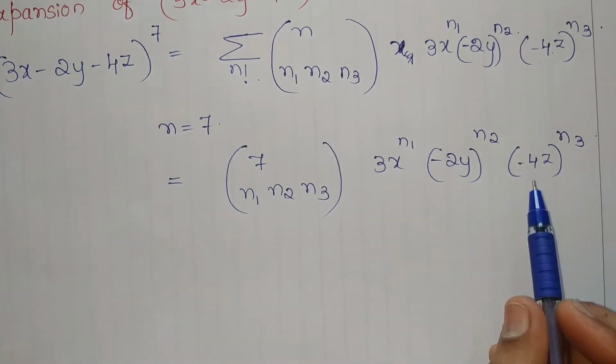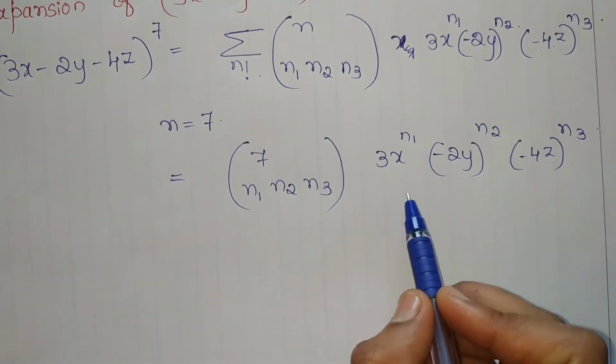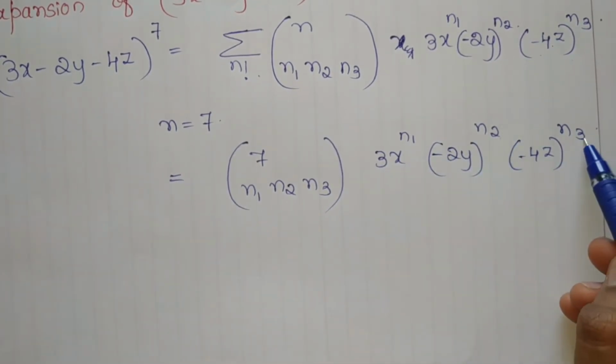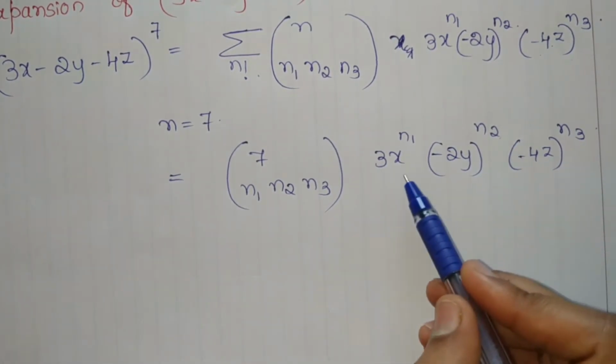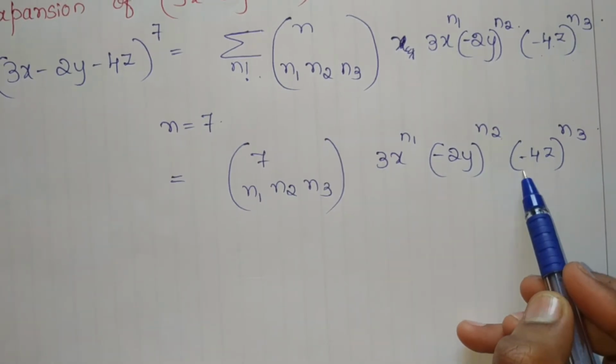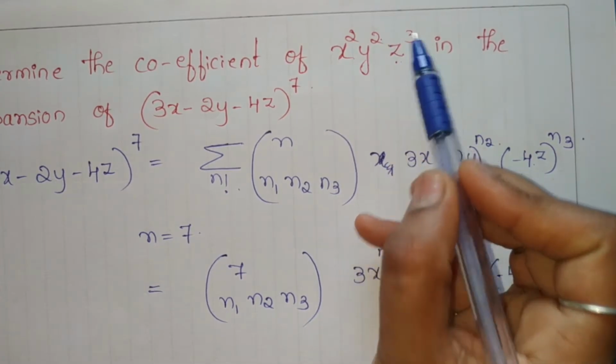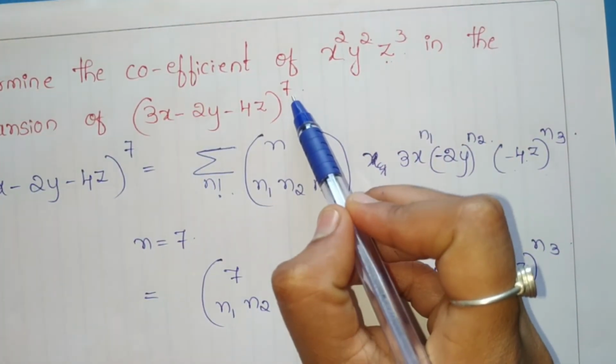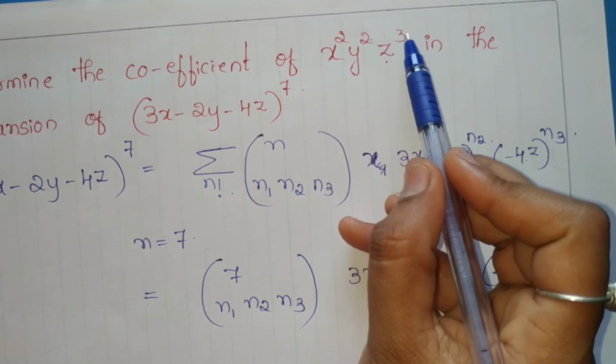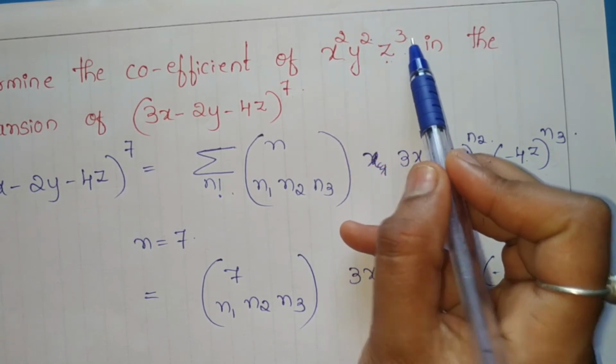So this is the general term. Now choose n1, n2, n3 values so that I can get the term x square, y square and z cube. Here the sum n1 plus n2 plus n3 must be 7, since n is 7. So 2 plus 2 is 4, 4 plus 3 is 7.